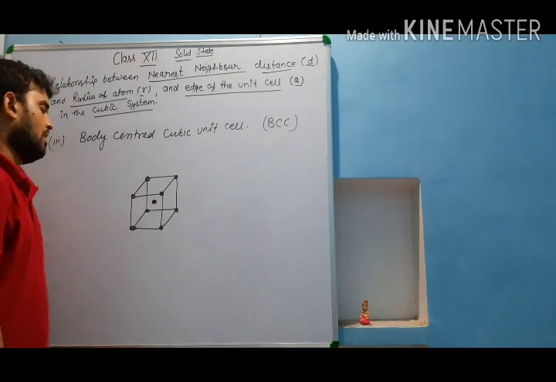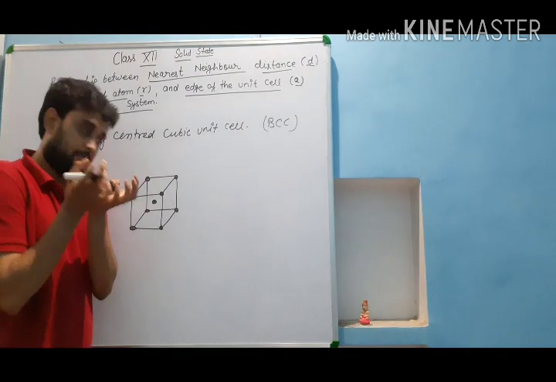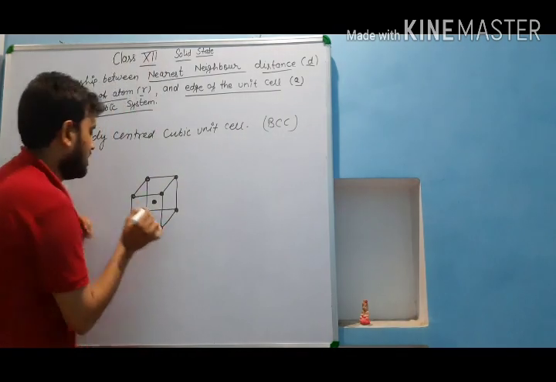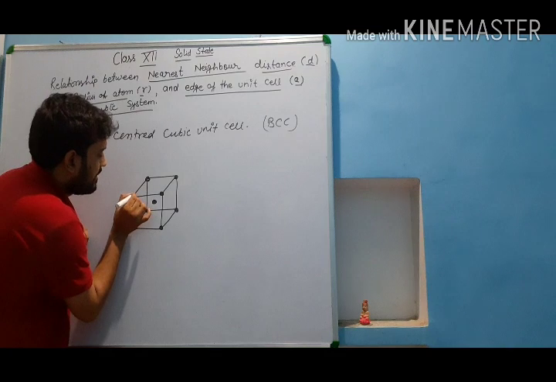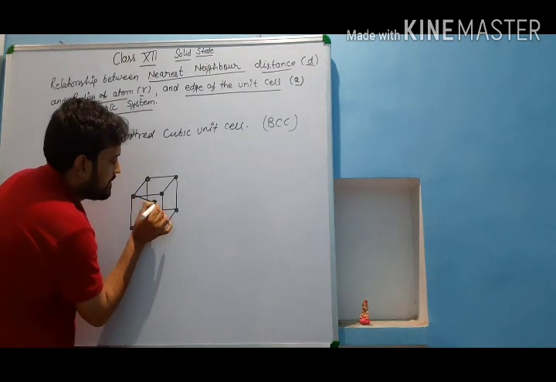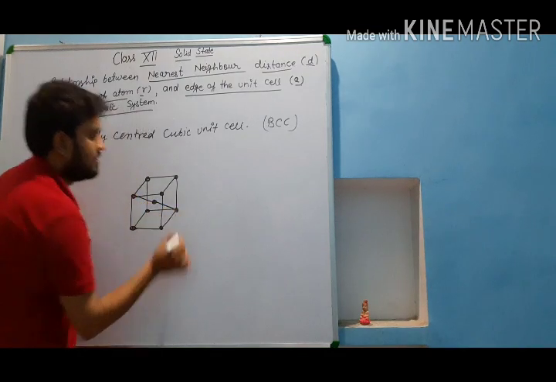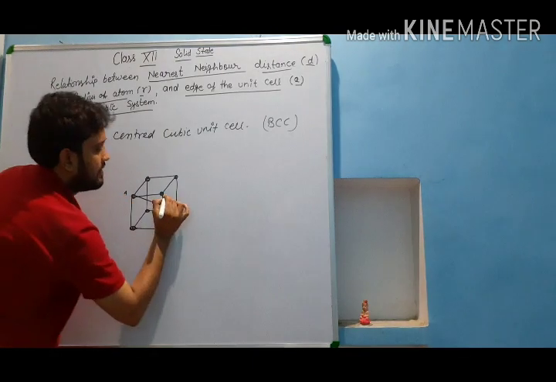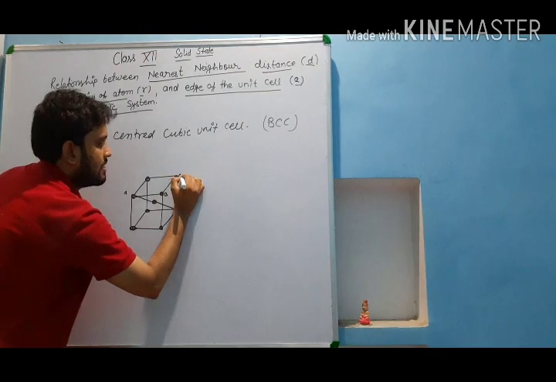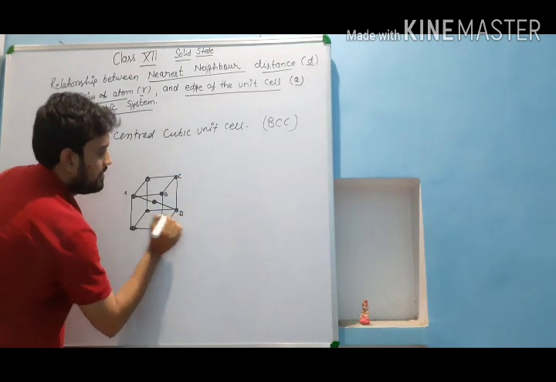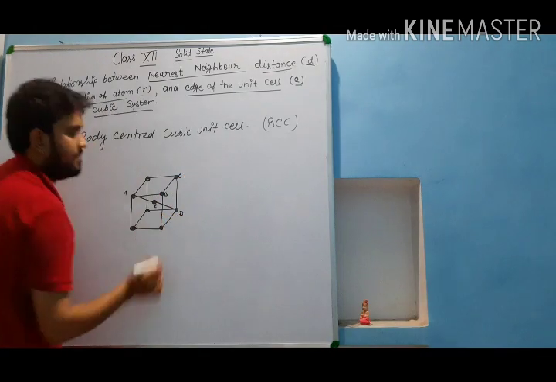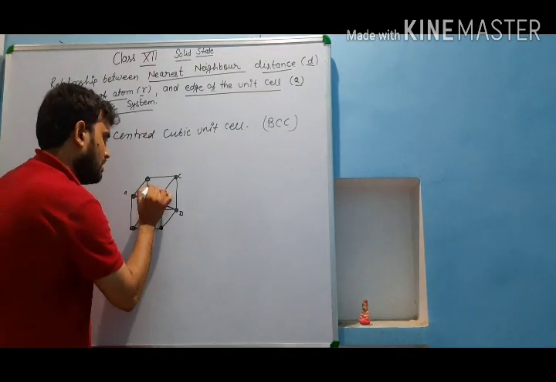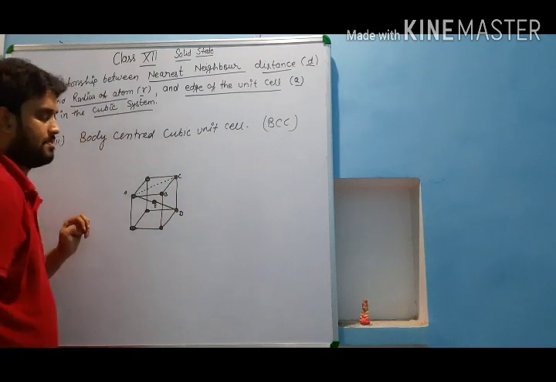Now we discuss the neighbor distance between atoms. The first neighbor distance is this, and the second neighbor distance is this. Let's suppose this is atom A, this is atom B, this is atom C, this is atom D, and this is atom E. Now here we find two triangles.